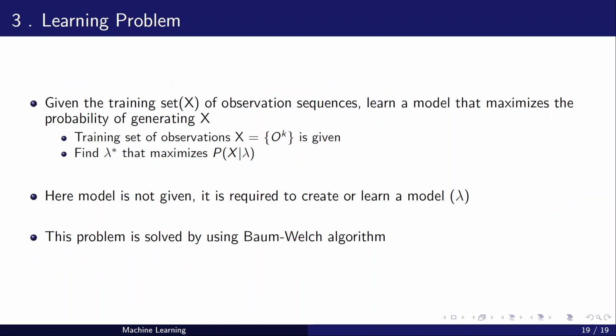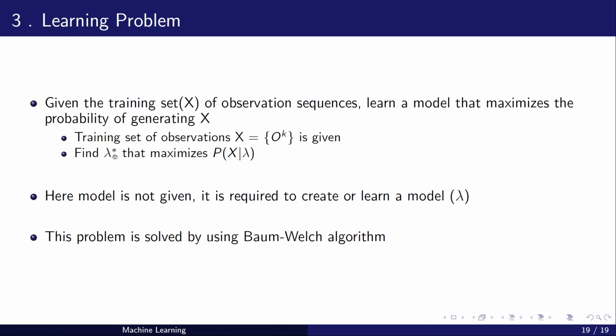The third problem is called the learning problem. Here only a training set of observation sequences is given. This x is not the same x we have been discussing as the hidden states. So a training set is given, a number of observation sequences, O1, O2 and so on, raised to k.